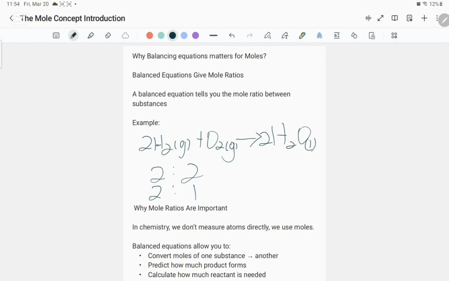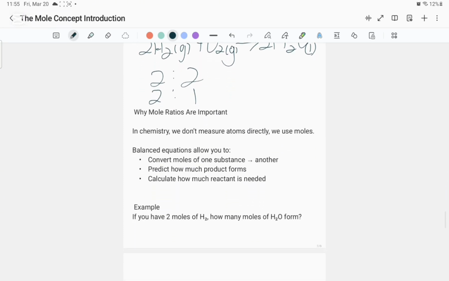Right? We use the coefficient to symbolize how many moles react with how many, because there's no coefficient in front of oxygen, and we know in mathematics that when there is no coefficient in front of a variable, it signifies that it's 1, right?